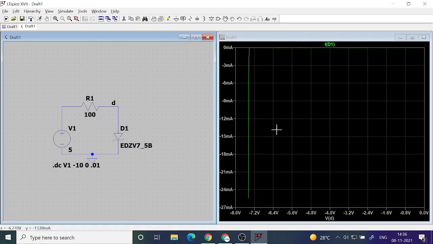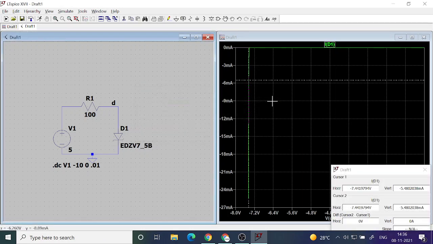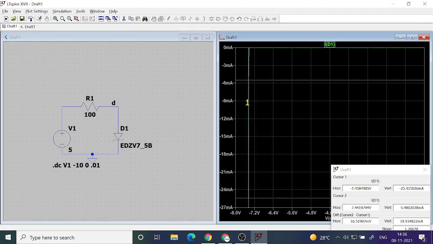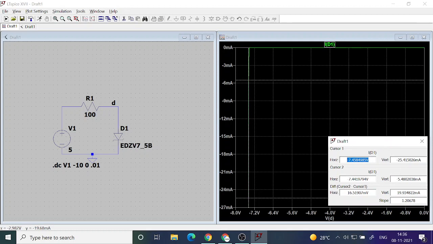If you want to measure it clearly, then you can take a cursor again, take the cursor and slightly change this, then you can see the values. So the value is minus 7.45.